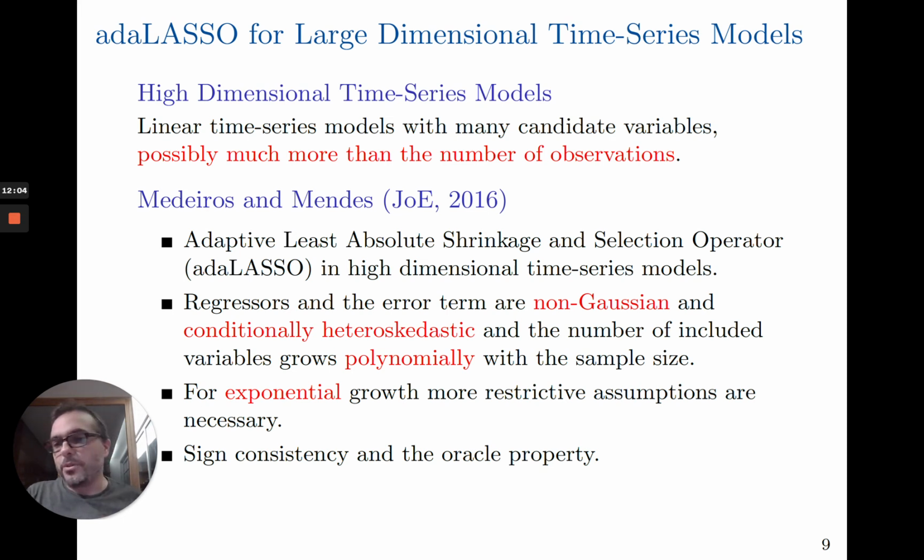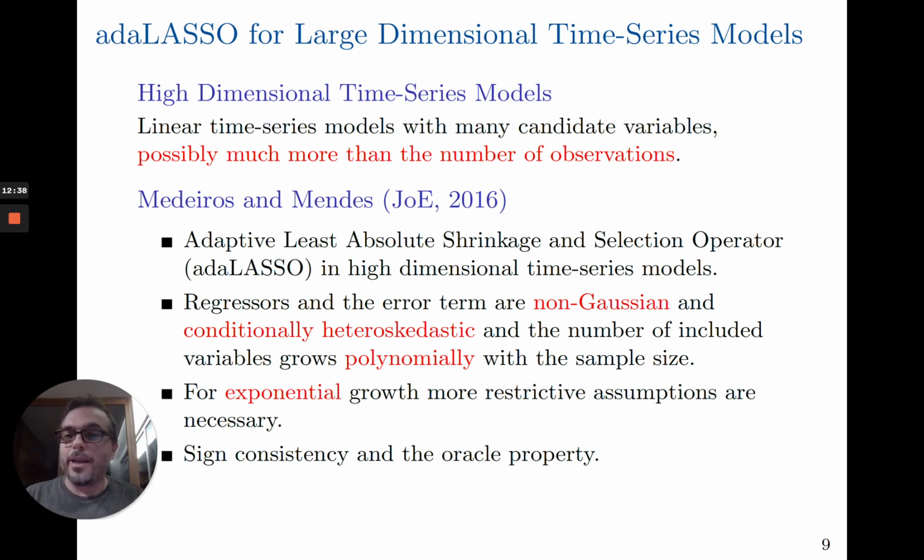What we show is that the adaptive lasso is sign consistent and has the oracle property. What's the oracle property? It's that the distribution of the lasso estimates for the relevant variables is asymptotically equal to the OLS distribution in a regression where we include only the relevant variables.